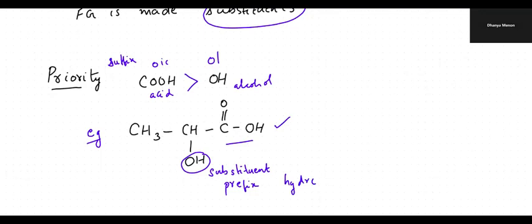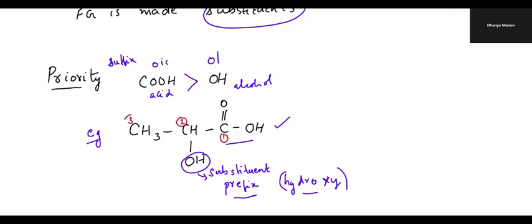So here alcohol is the functional group, but because of the priority order, alcohol has become the substituent. And if it has become the substituent, that means we have to use a suitable prefix. For alcohol, the prefix is hydroxy. So in this case, the name of this compound, we have to number from the acid: 1, 2, 3.